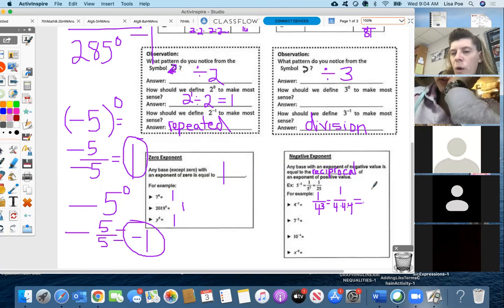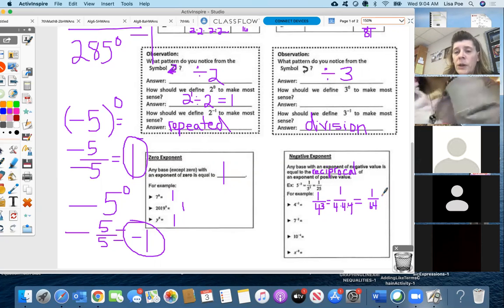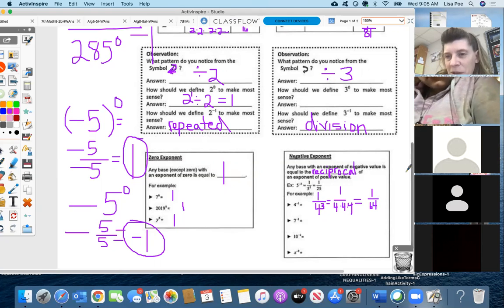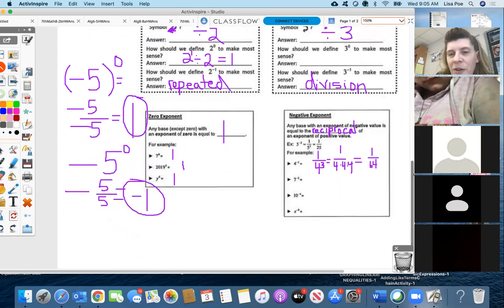So we have 1/64 here. Now, you could cheat all day long on these numbers with your calculator. But remember, I'm going to be bringing in variables because this is algebra, and you're not going to be able to put that into your calculator. So you need to know how to do these by hand.